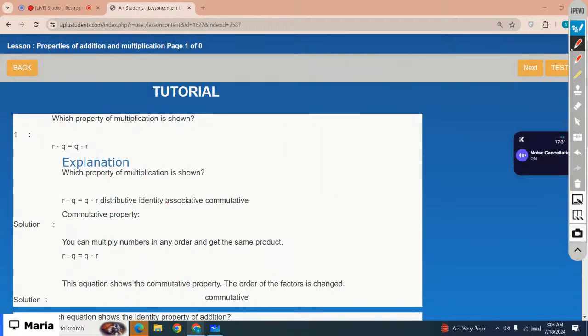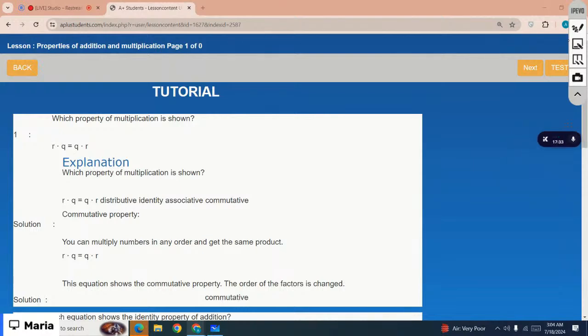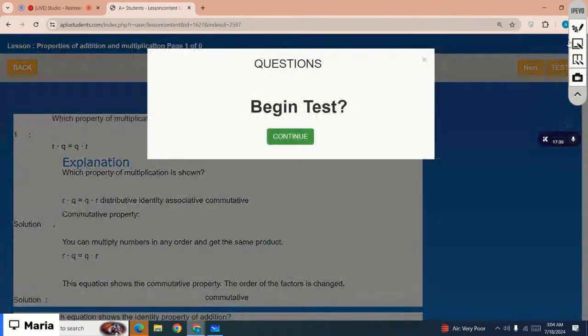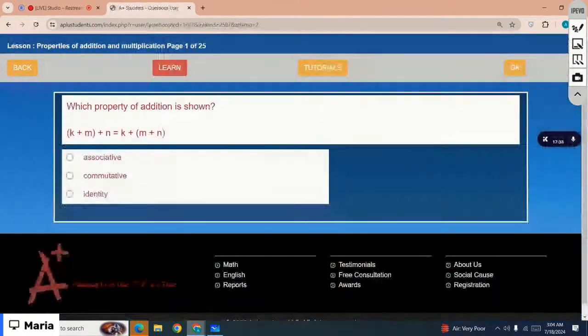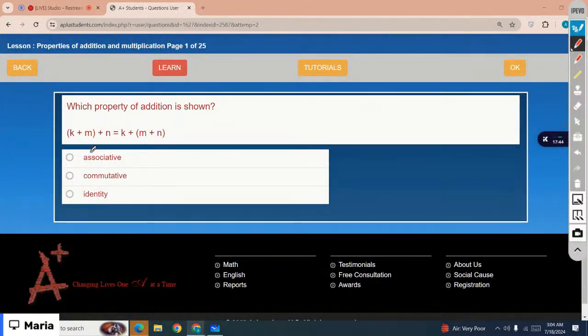Okay, let's just start with the test questions. Okay, which property of addition is shown? Okay, so just look at the property k plus m plus n. On both sides, the variables are same.